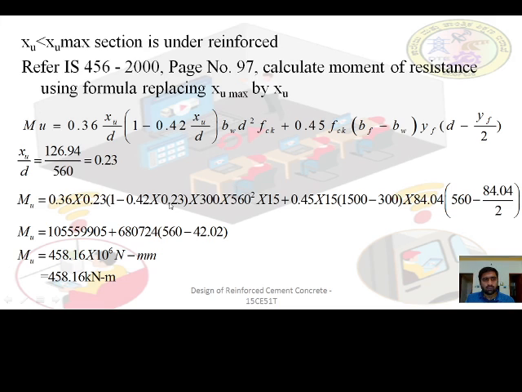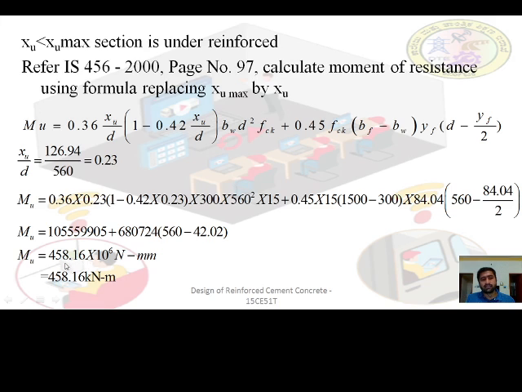You have to calculate YF. Actually YF is equal to 0.15 times the XU plus 0.65 times the DM. You calculate the YF value also and substitute. So YF comes out to be 84.04. If I substitute in the equation, I will solve these two terms separately, so I will get these values, and I will add this.